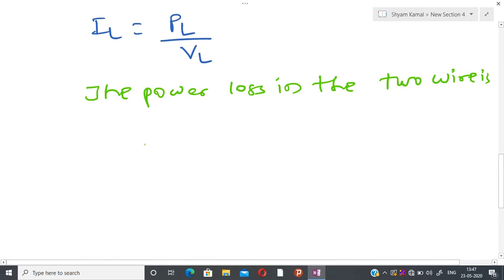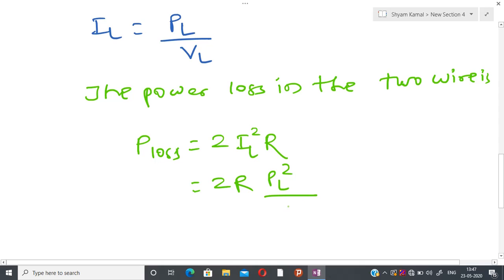I am denoting power loss by P loss, and P loss is IL square into R in one wire, but I have two wires, so I multiply by 2. So basically 2 R, and IL is PL square by VL square.